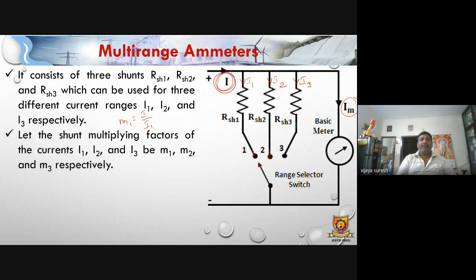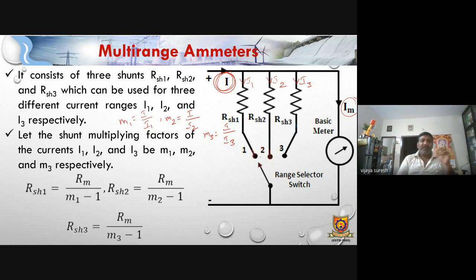Now the multiplication factors: M1 equal to I divided by I1, M2 equal to I divided by I2, and M3 equal to I divided by I3. So the multiplication factors we can calculate like this. Then how much resistance can be added?